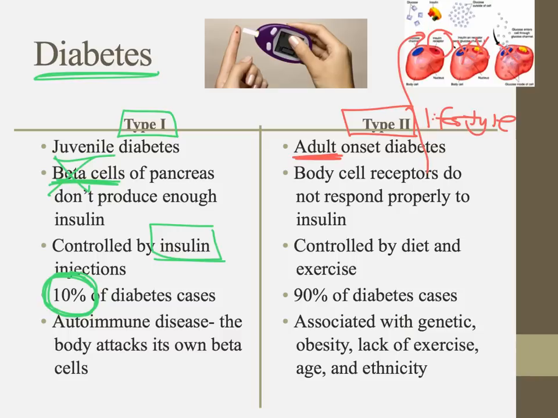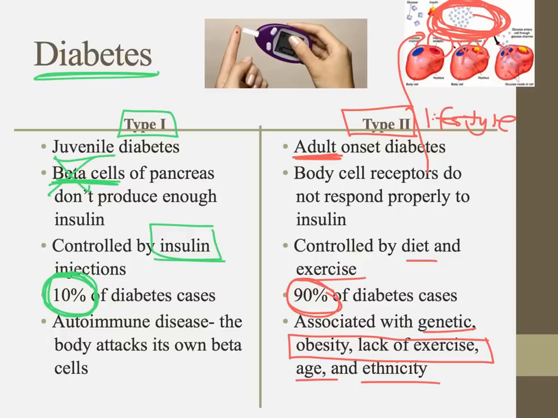We can't take any glucose into the cell, and that means all of our glucose is going to remain in our bloodstream. This is largely a result of poor choices in diet and exercise, and represents the majority of diabetes cases. Again, there can be a genetic component. There are also strong correlations to age and ethnicity, but most of this comes from the fact that we have just constantly bombarded ourselves with glucose and insulin, and they're just really not listening anymore.